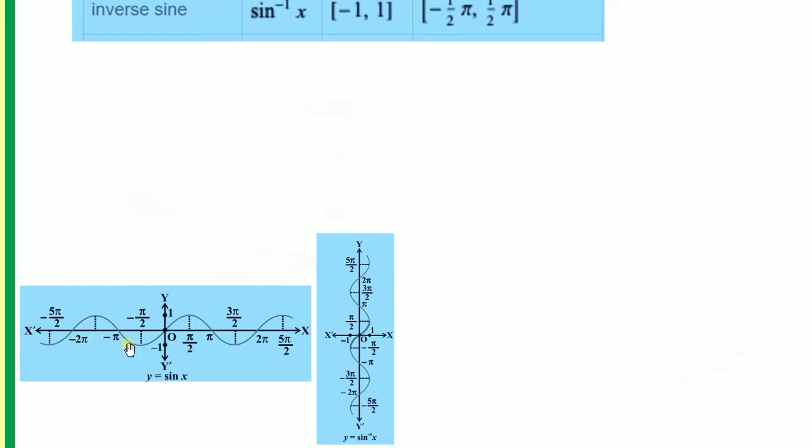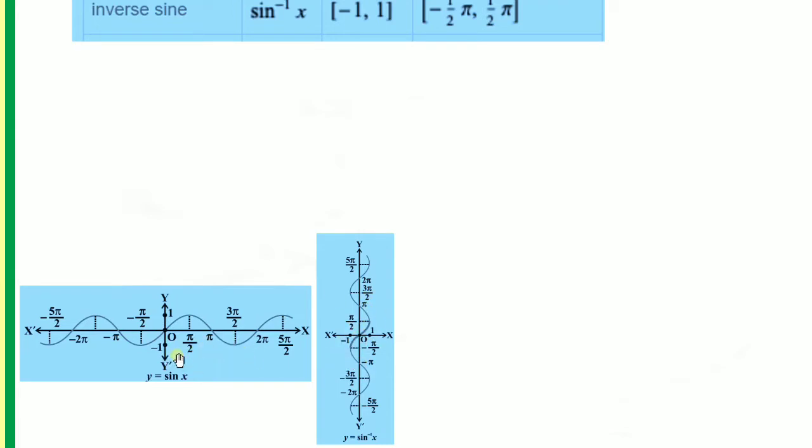You get the least value at -pi/2 and then plus one value at pi/2. So the domain of this particular function is -pi/2 to plus pi/2 and the range is -1 to +1.